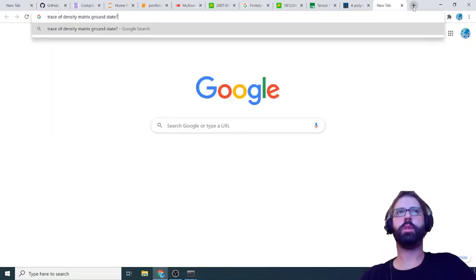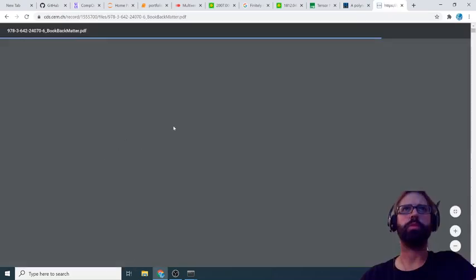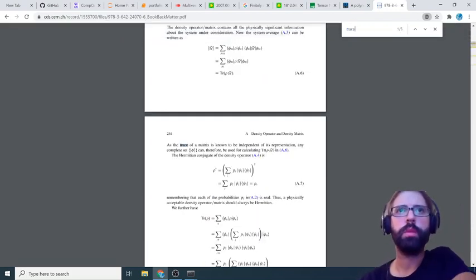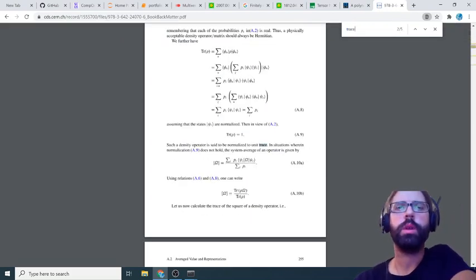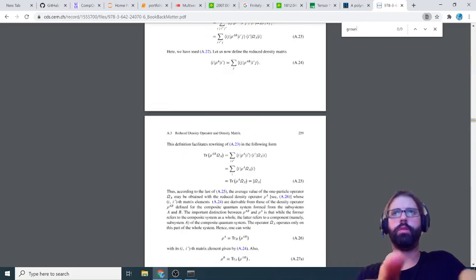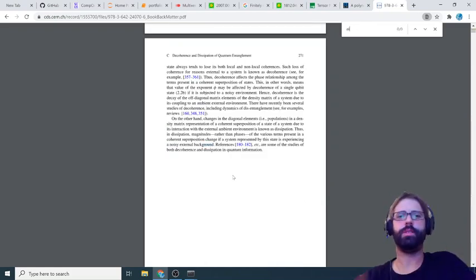Is this the ground state? Ground state. That feels like hopping through ground state. No eigenvalues.